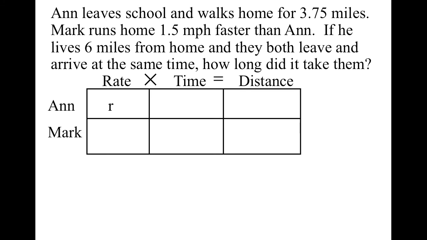All right. So Anne leaves school and walks home for 3 3/4 miles. So that's our distance. Mark runs home 1.5 miles per hour faster than her. So his rate's going to be r plus that 1.5. Now, he lives 6 miles from home.